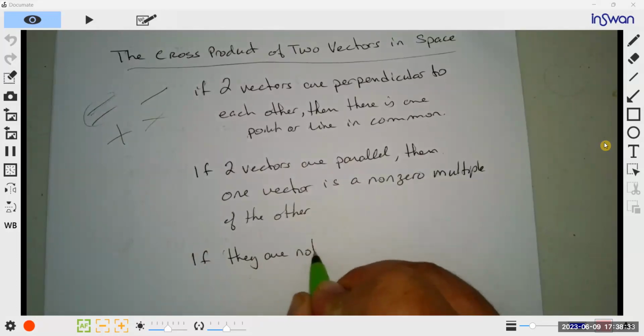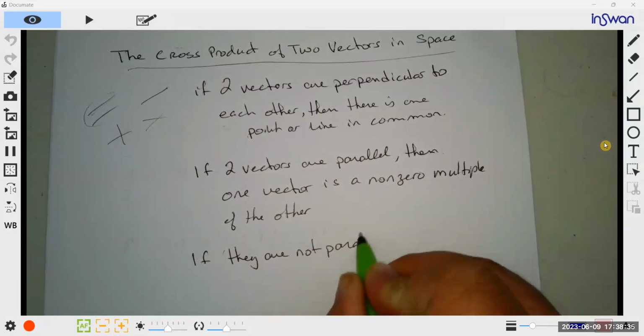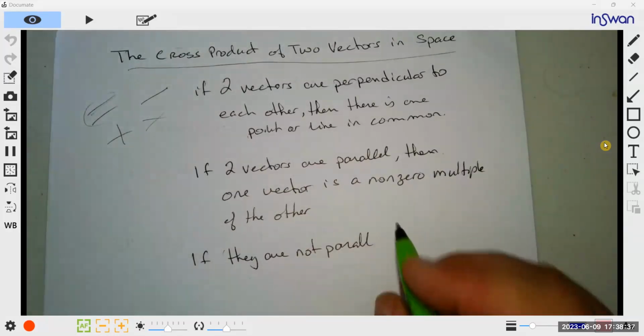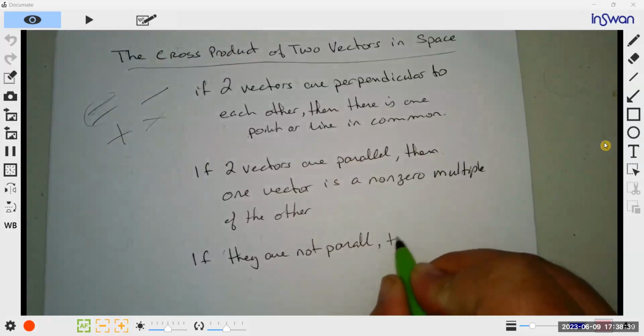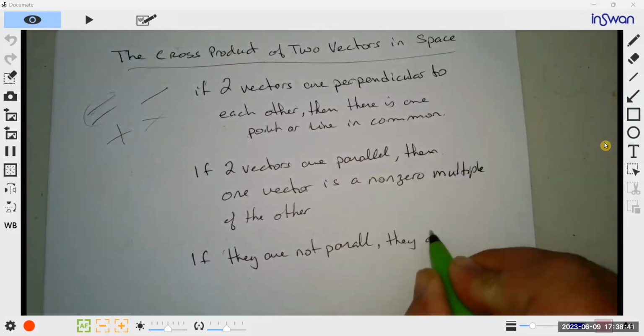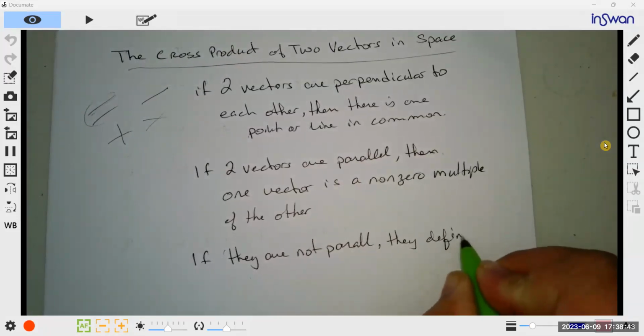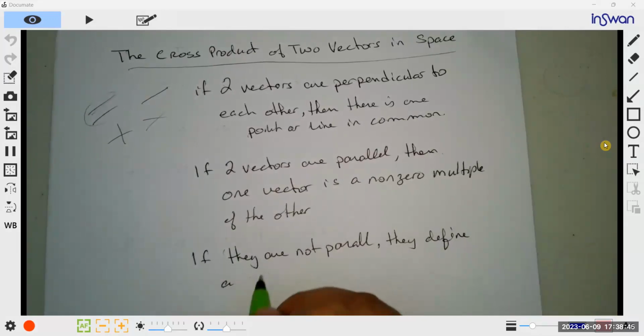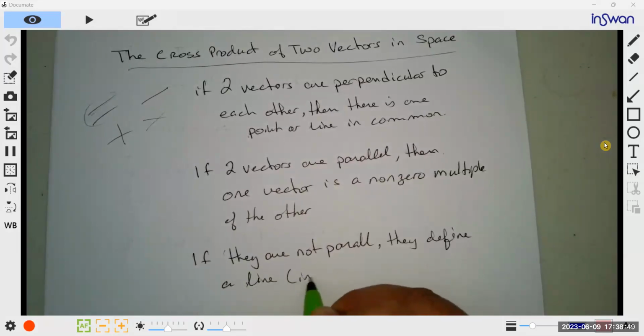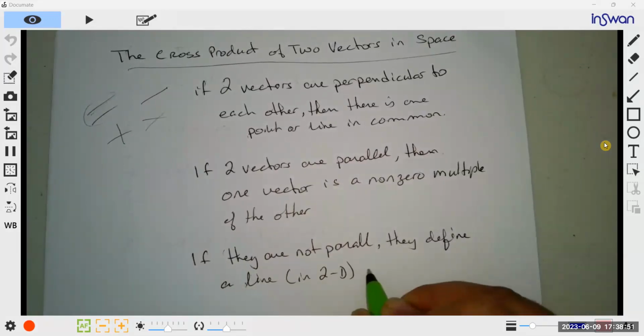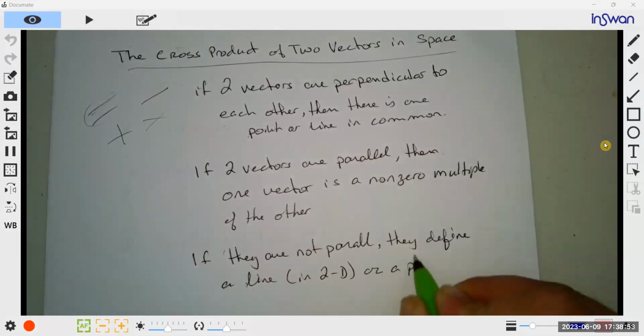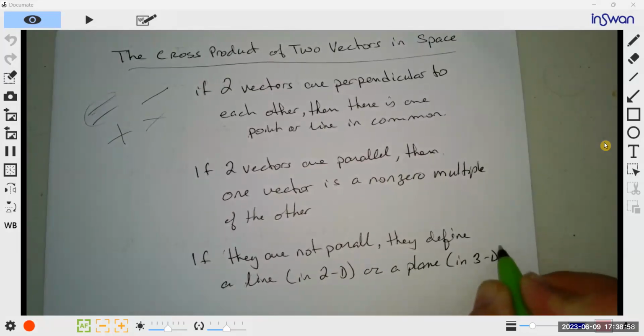If they're not parallel, they define a line in 2 dimensions or a plane in 3 dimensions.